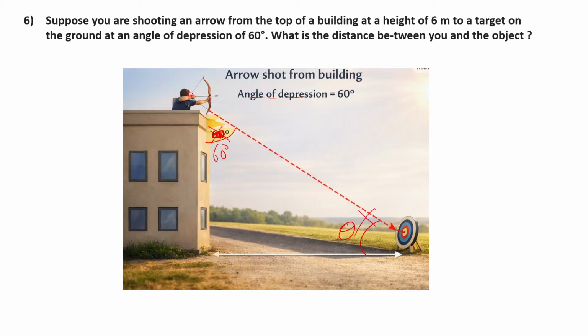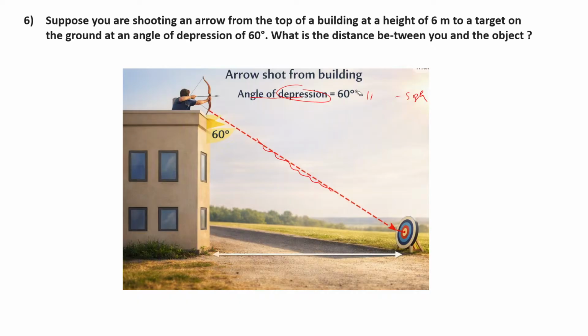So here the observer will face downwards, will lower his head and look downwards towards the target. Now there is no horizontal here. As you can see, the red dotted line is the line of sight. So the angle of depression or angle of elevation is the angle calculated between the line of sight and the horizontal.